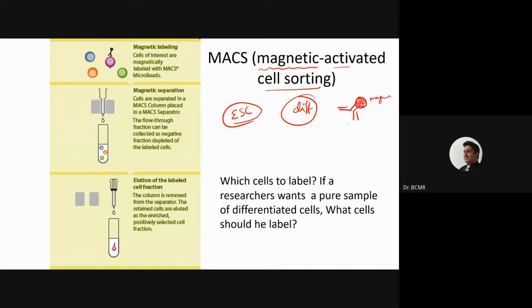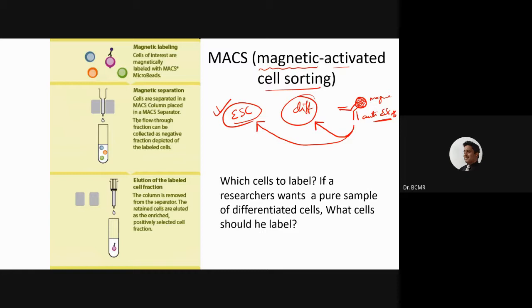This antibody may have specificity only against the differentiated cells, or you can choose to have it specific to embryonic stem cells. For right now, assume that these are anti-embryonic stem cell type antibodies.